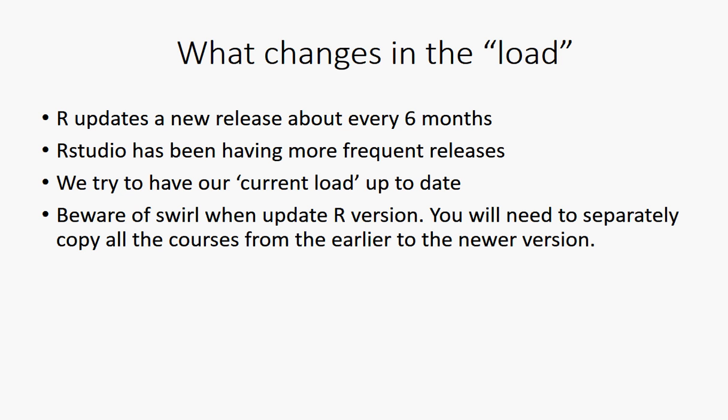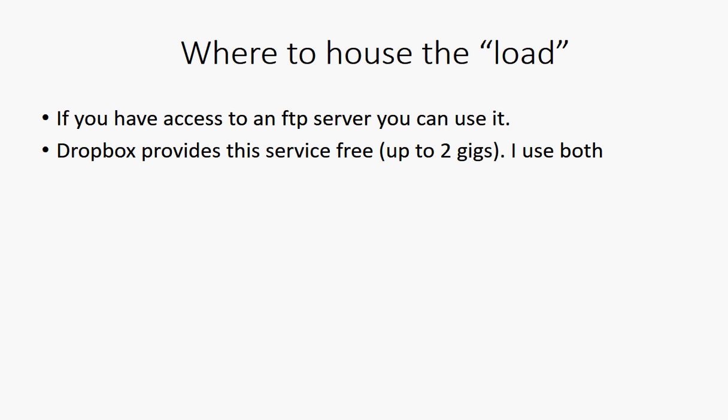All right, so I think lastly, where you put all this stuff, well, upon looking at where I had my R load back there, you saw that it was on Dropbox I had. I also put some other things like the current R or the current RStudio on a web FTP server that my community college allocates to me.